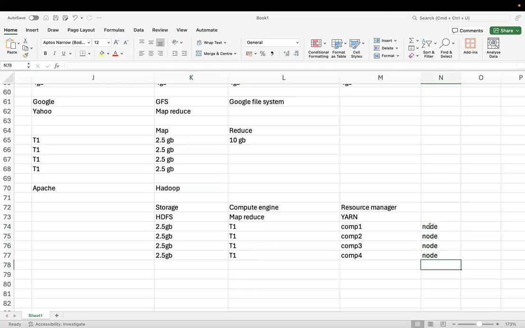Each of these computers is called a node. In the industry, we call it a node, and the group of computers is known as a cluster. So a group of nodes is nothing but a cluster. YARN is going to provide the cluster with a group of nodes for processing this 2.5 GB of data, and then MapReduce is going to do the transformations.